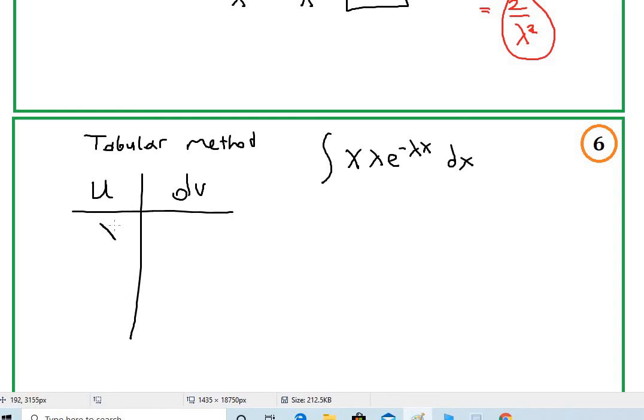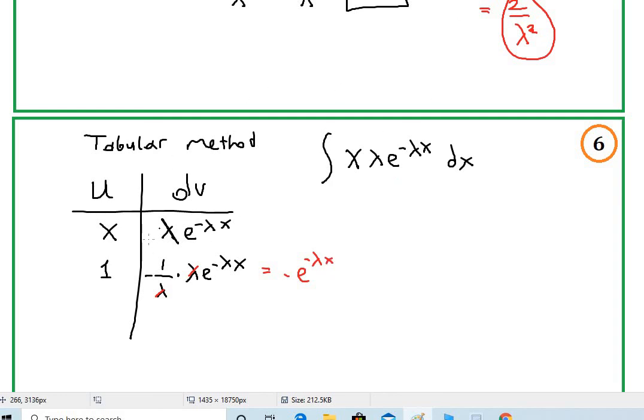Our u is x, our dv is lambda e to the negative lambda x. The derivative of u is 1, and the antiderivative of this will be negative 1 over lambda times lambda e to the negative lambda x. Here the lambdas cancel out and we end up with negative e to the negative lambda x.